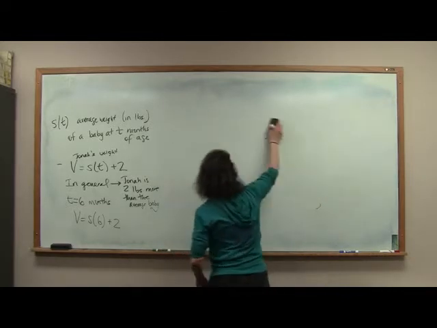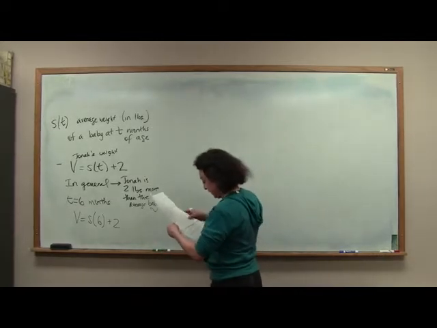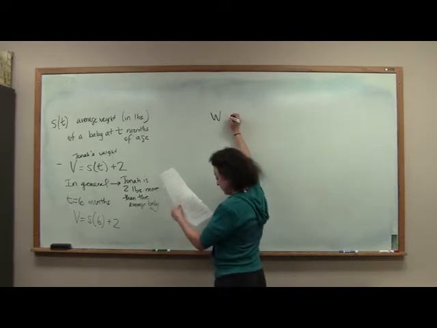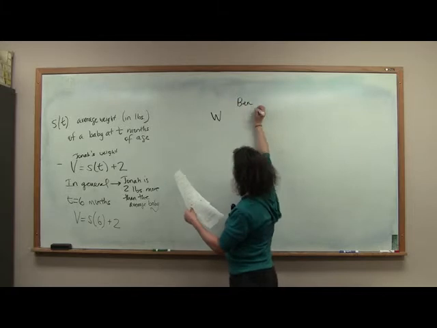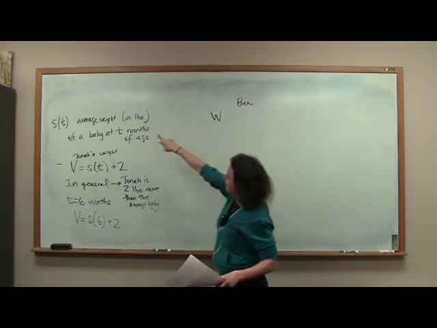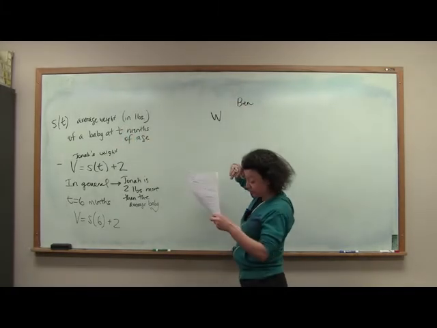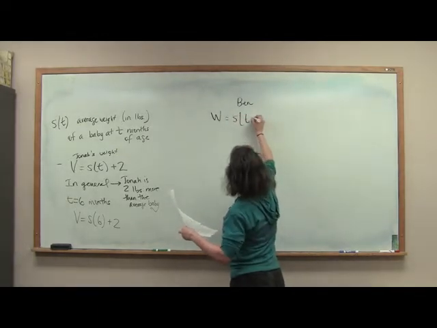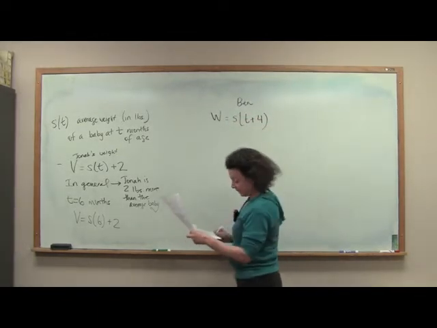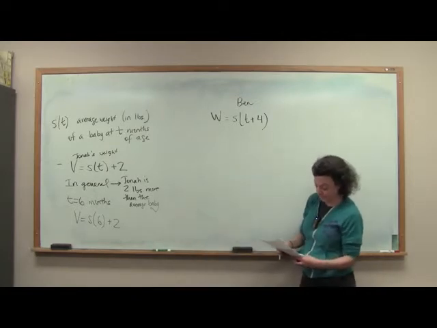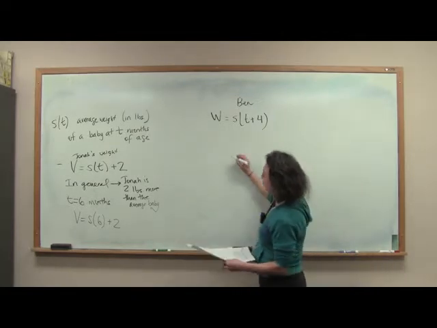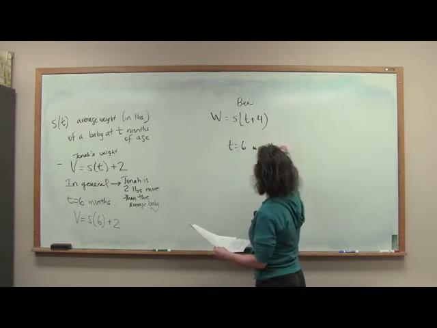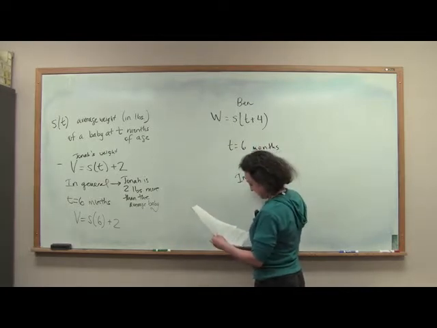Now, let's talk about a different baby. They call him Ben. The weight W of another baby, Ben, is related to this average function as follows. Now it's S of t plus 4. And we can ask, what does this say about his weight at 6 months and in general?